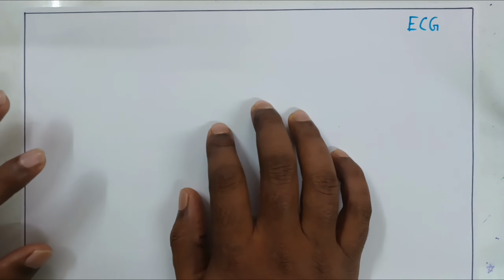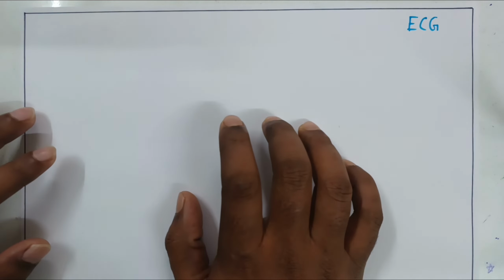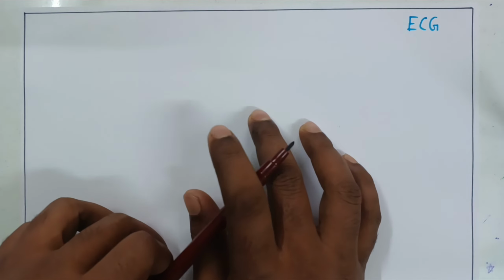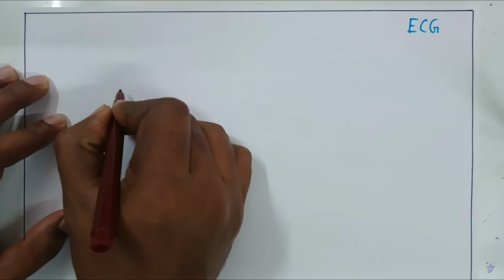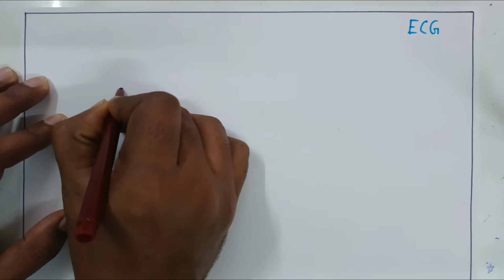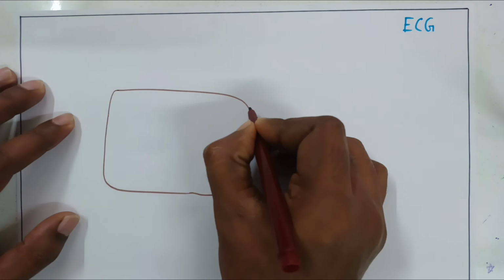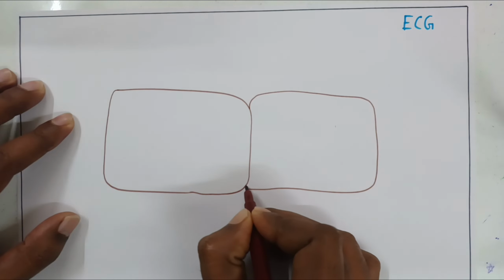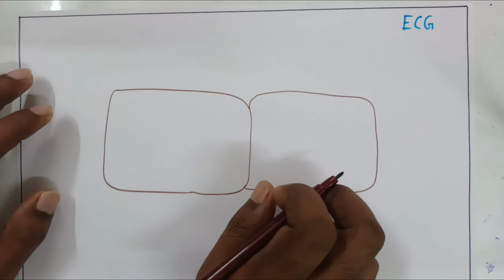Let's draw a ventricular myocardial cell. So I have drawn two ventricular myocardial cells.